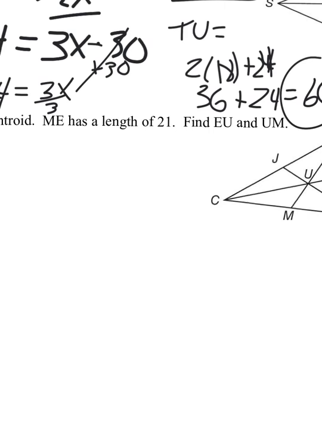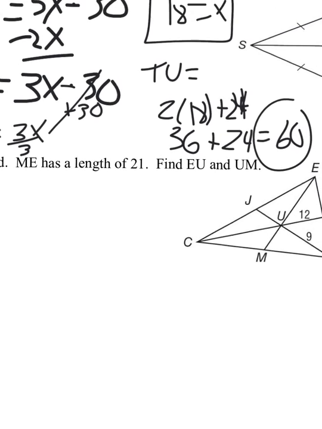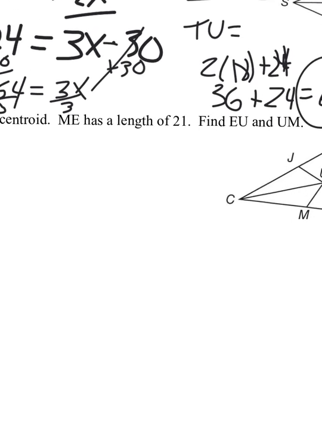Point U is the centroid, ME has a length of 21. Find EU and UM. So the centroid is where three medians meet. Centroids divide each line not in half, but into a 2/3, 1/3 ratio, which means the longer part is twice as big.